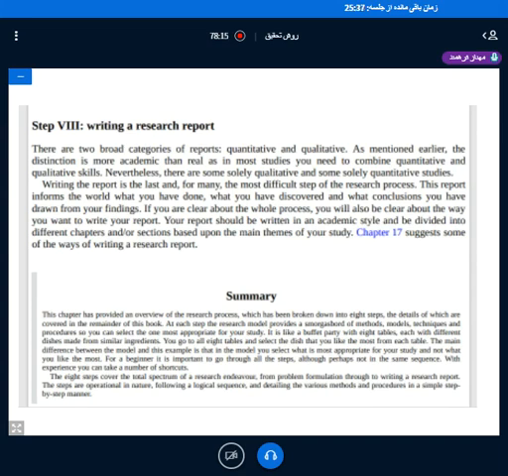And the last step, step 8, writing a research report. There are two broad categories of reports, quantitative and qualitative, that we talked about. As mentioned earlier, the distinction is more academic than real, as in most studies you need to combine qualitative and quantitative skills.